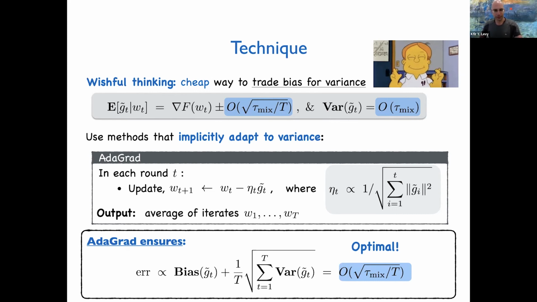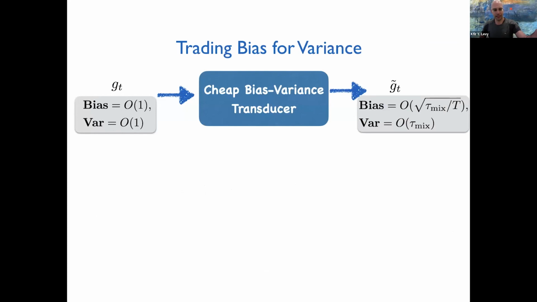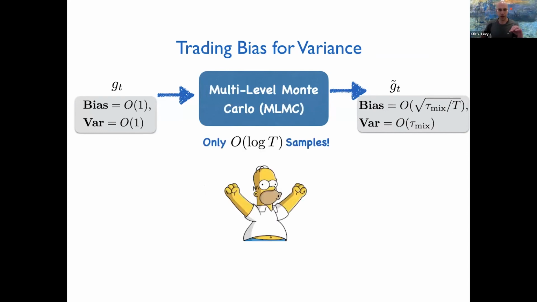We want to understand how we can convert gradients with a bias and variance of O(1) to a gradient estimate with a small bias, but with a larger variance. Apparently there is a recent technique called multi-level Monte Carlo that allows us to do this translation, or trade-off, with only a logarithmic number of samples.